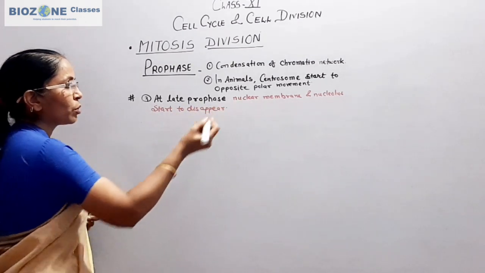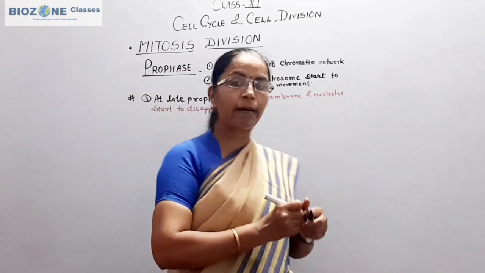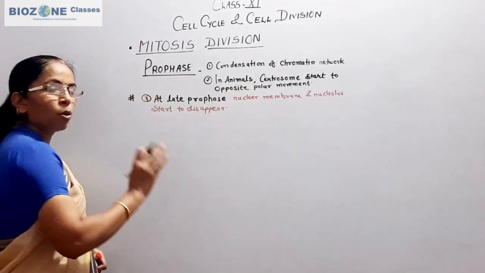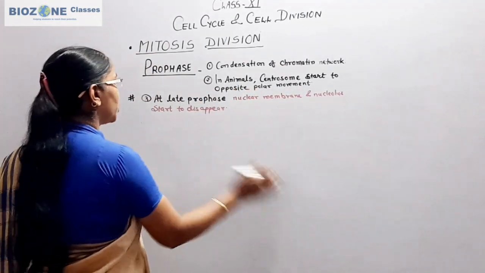So slowly the nuclear membrane and nucleolus start to disappear and the centrosome clearly reaches the opposite pole.